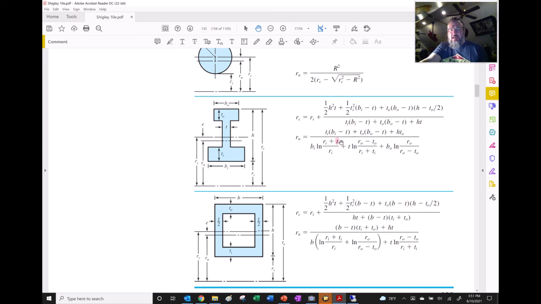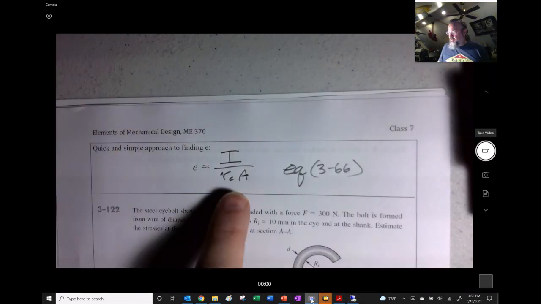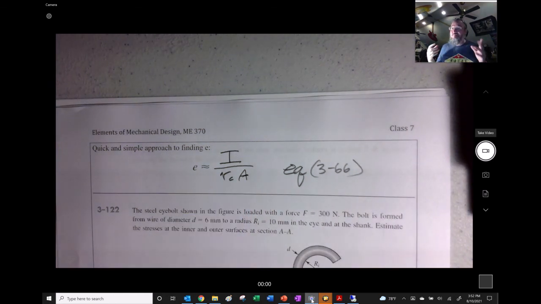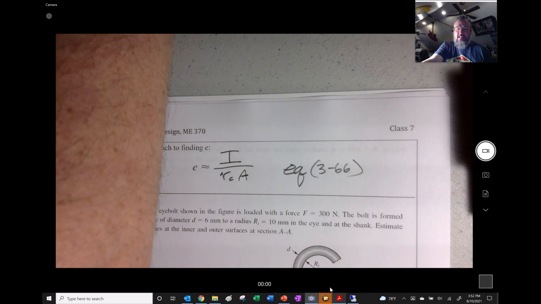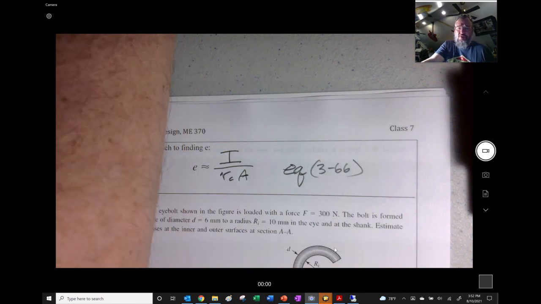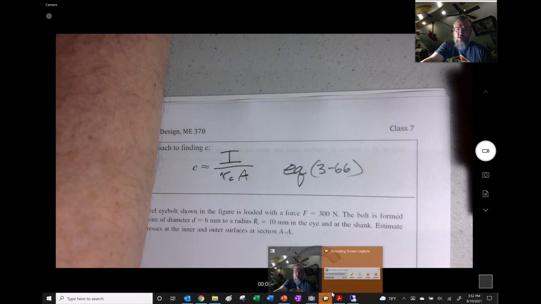But then I located and found where the mistake was in Shigley, and I could confirm it by using this simplified approximation. I was able to confirm, yep, that's the one that's messed up. And then you can also do an FEA of the thing that you calculate by hand, and you can find that mistake. So there you go.